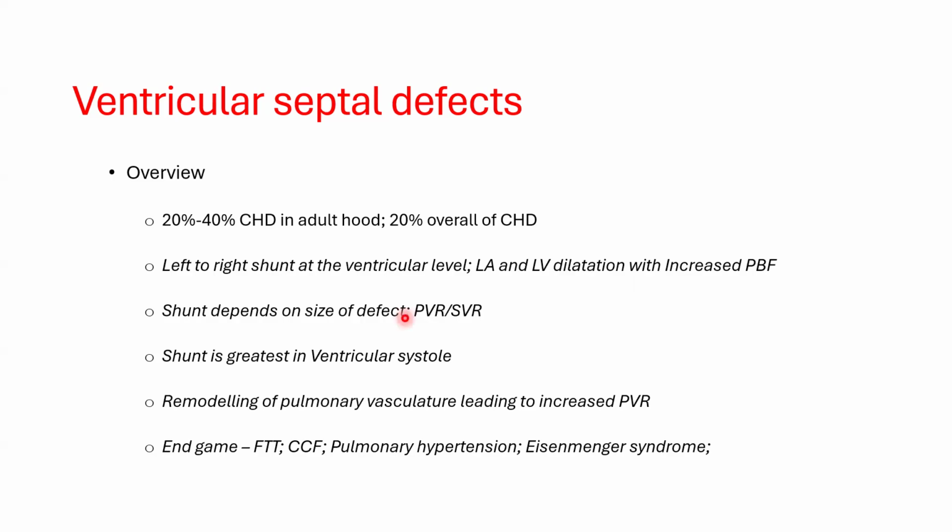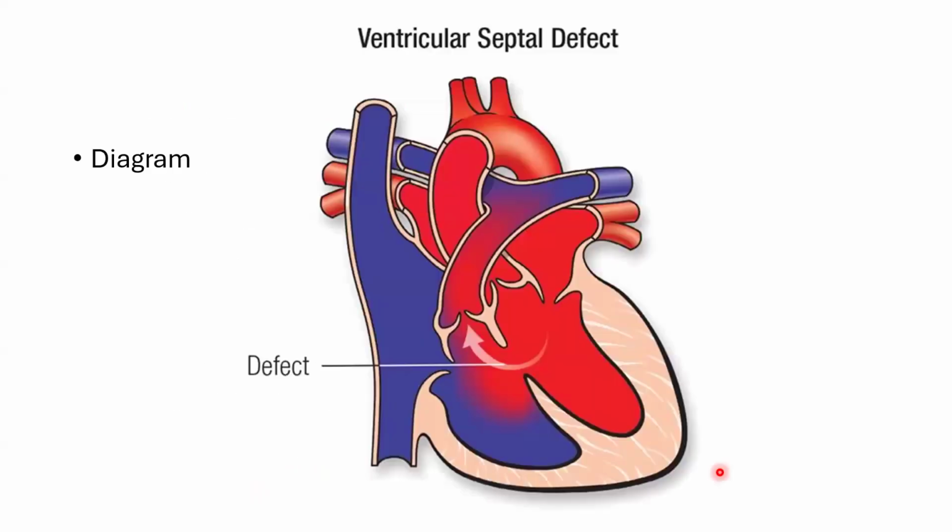The shunt is also dependent on the size of the defect, the pulmonary vascular resistance and the systemic vascular resistance. The shunt is greatest in ventricular systole. And just like we have with ASDs, there's a lot of remodeling leading to increased pulmonary vascular resistance and pulmonary hypertension. Ultimately in the child, they fail to thrive as they get into heart failure. As they get older, they move into pulmonary hypertension, and then much older into Eisenmenger syndrome.